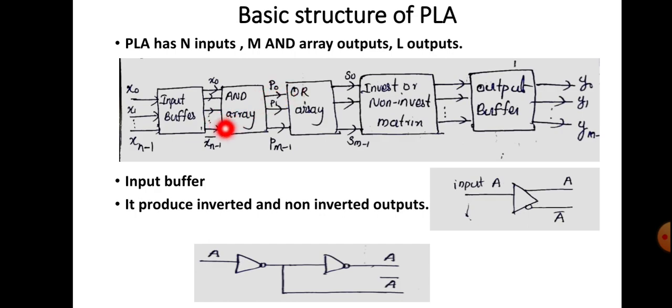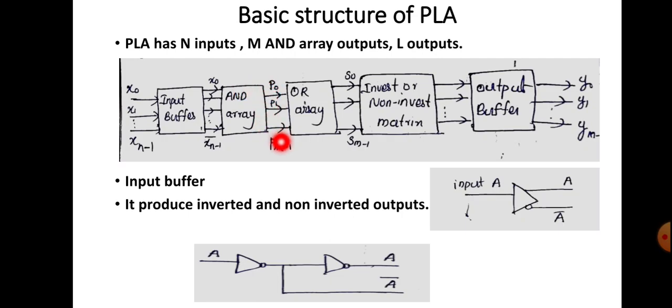The next product term is AC, so A multiplied with C is given to another AND gate, and its output is AC. So P0 and P1 are the outputs. Here there will be three inputs A, B, C, and we take two product terms. This is the AND array output.